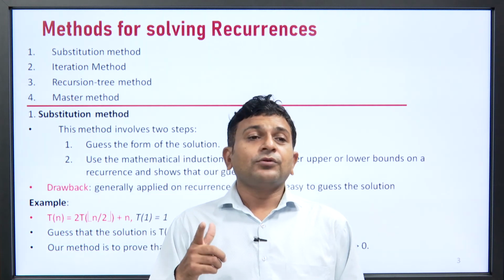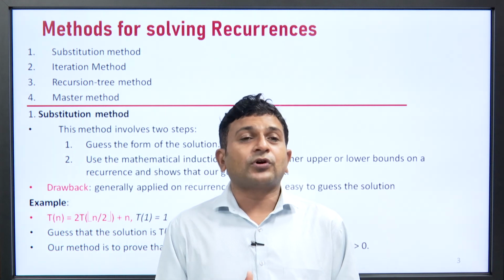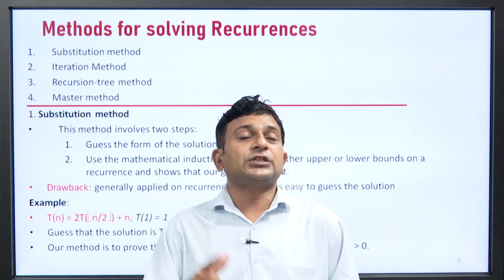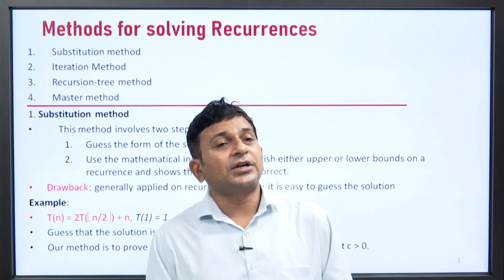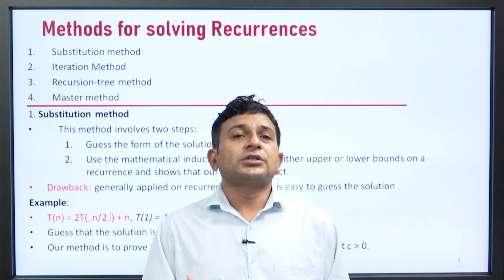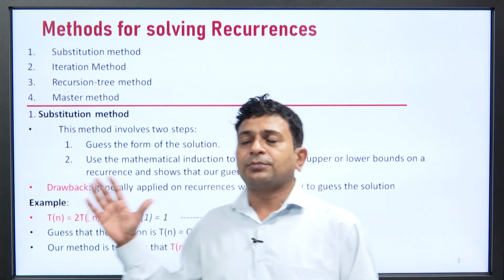And one more thing, we take some base cases also, for example n = 0, n = 1, n = 2, for which the constant should be satisfied. This is the mathematical induction method that will be used in the substitution method.